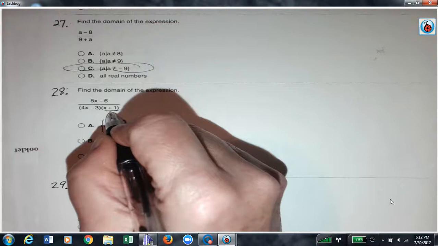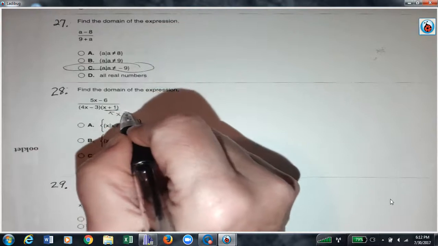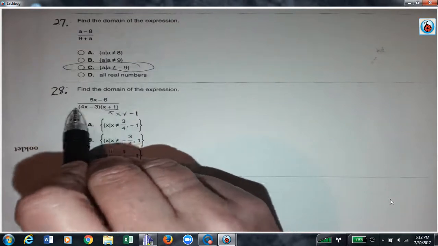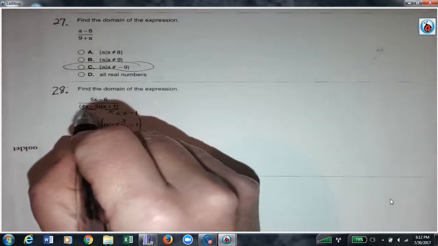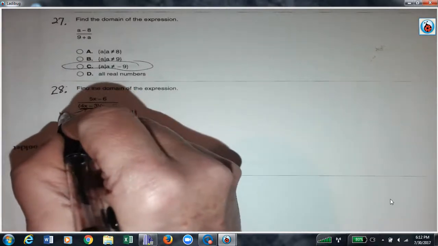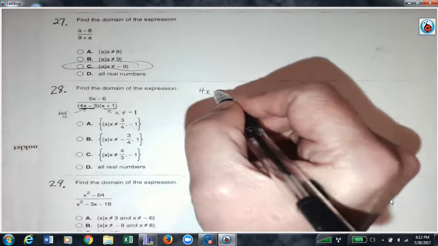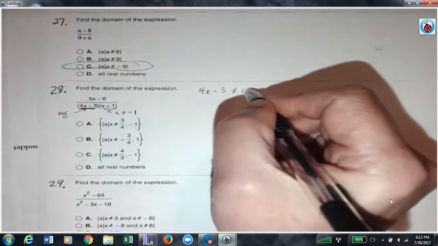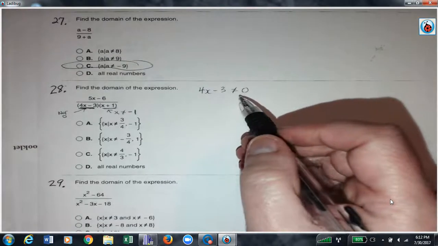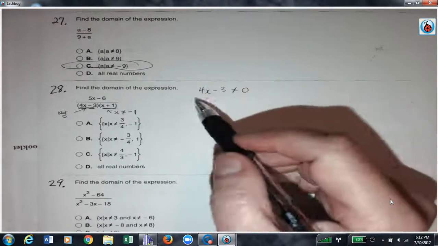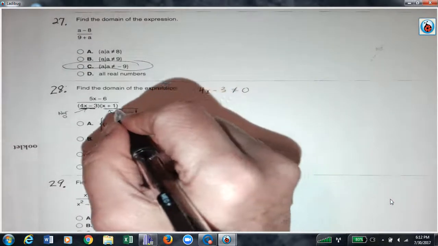This is a fraction. You cannot have 0 in the bottom. So here, x is not allowed to be -1. If x is -1, that's 0. And you have 0 times that, so the whole thing's 0. But also, we can't have that being 0. So that's not allowed to be 0. But I have to solve this for x. What is x not allowed to be? So here's one condition.